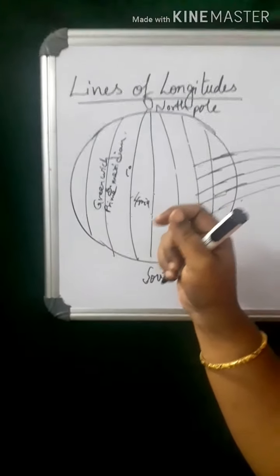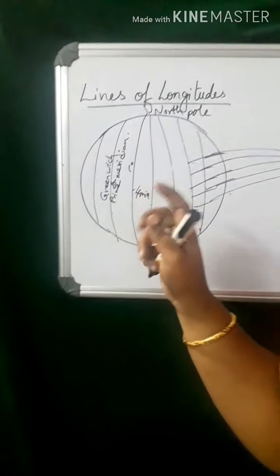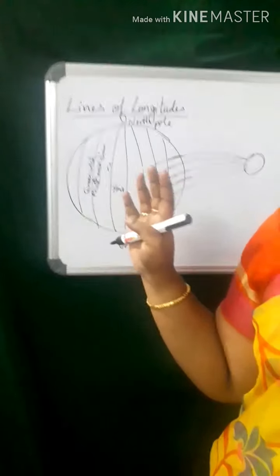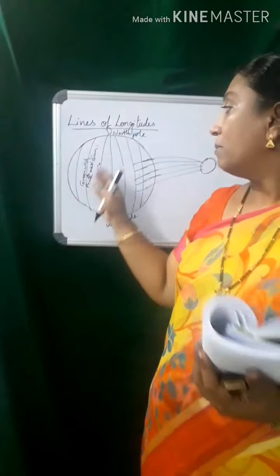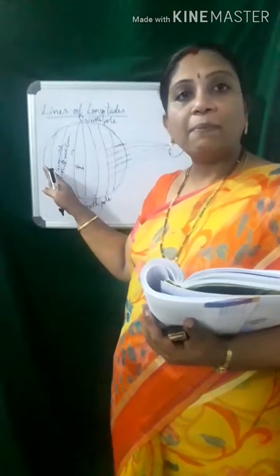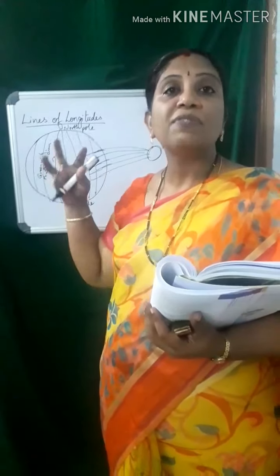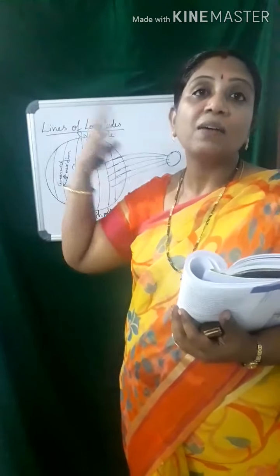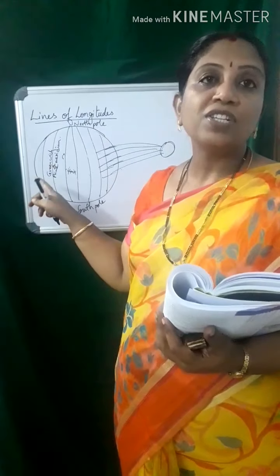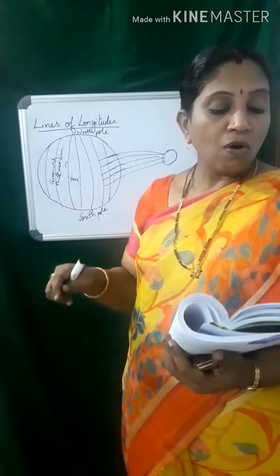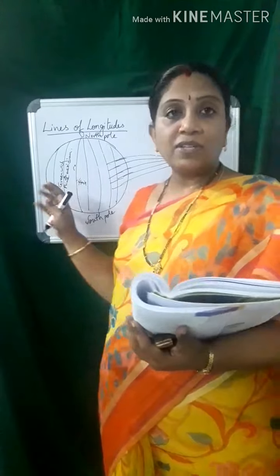So IST, Indian Standard Time, is 5.5 hours ahead of Greenwich Mean Time. So this is about the Greenwich time.